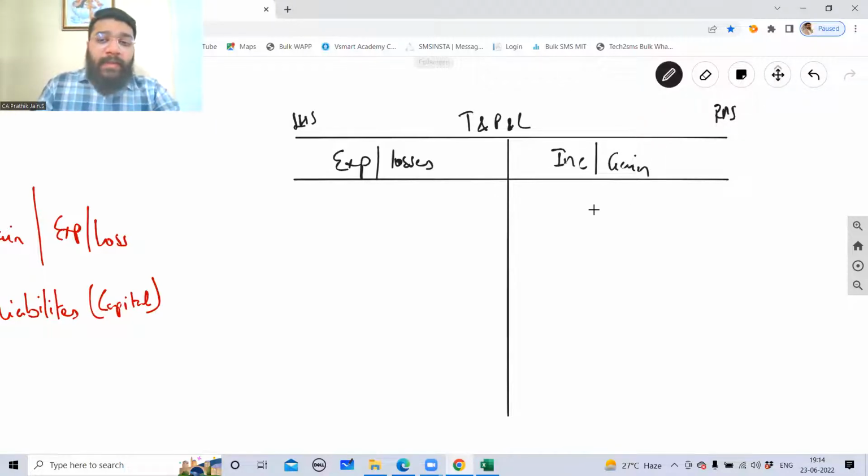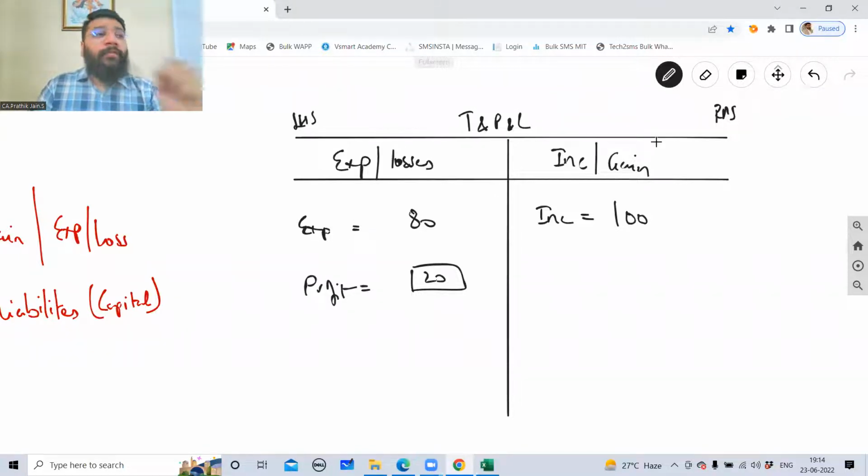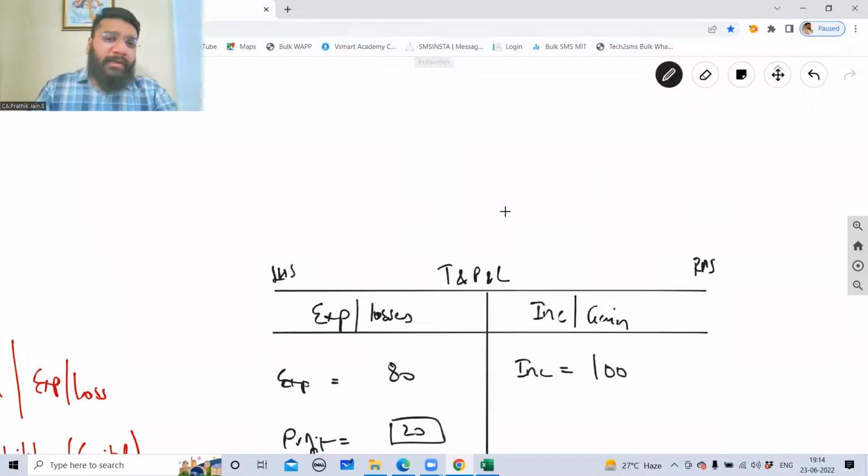So let's suppose my income is 100 rupees and my expense is 80 rupees, so the balance 20 rupees is going to be my profit. So this is my income, this is my expense, this is my profit. So this is one way of presentation. Normally, how do I present it? One way is that my income is equal to 100.